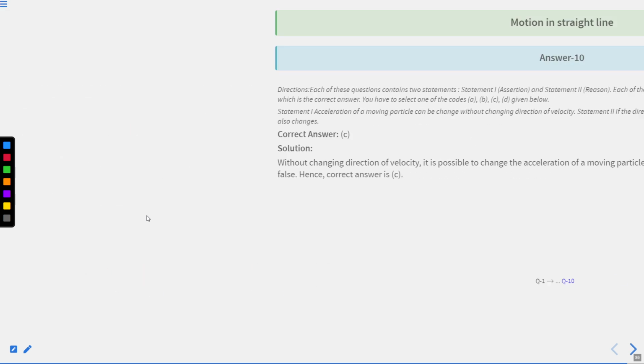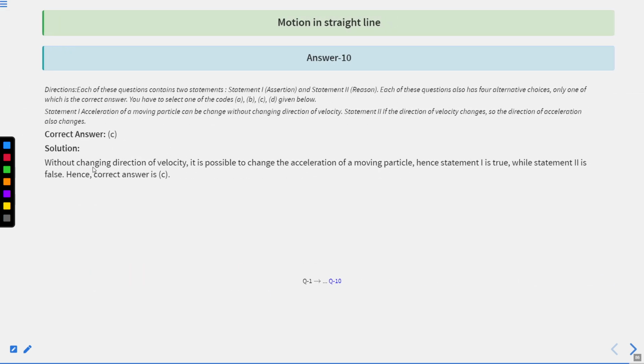Let's see the solution. The statement is that the acceleration of a moving particle can be changed without changing the direction of velocity. Statement 2: if the direction of velocity changes, the direction of acceleration is also changed. Without changing the direction of the velocity, it is possible to change the acceleration of a moving particle.